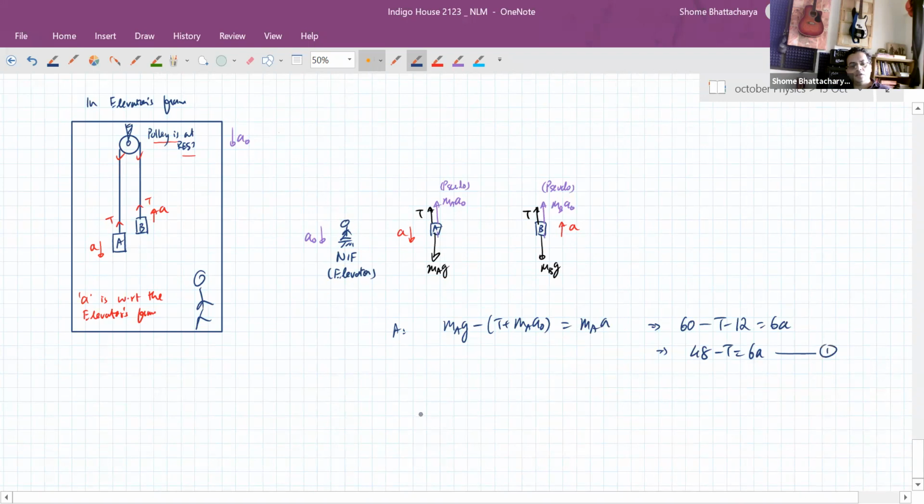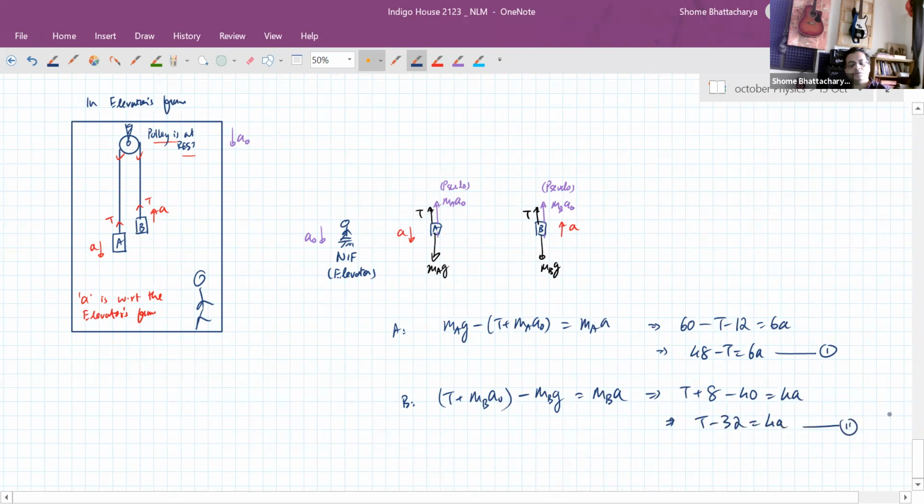That's our first equation. And similarly, let's write the FBD equation for block B. So for block B, tension plus pseudo force acting upwards is dominating over weight to give it an upward acceleration of a. So T plus 4 into 2, 8, okay, minus 40 is equal to 4a. So T minus 32 is equal to 4a. This becomes the second equation.